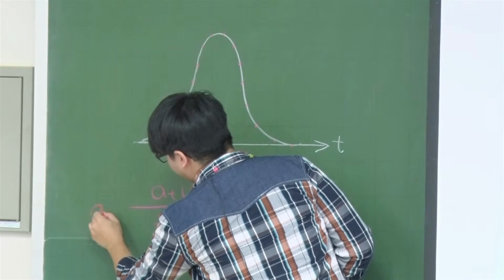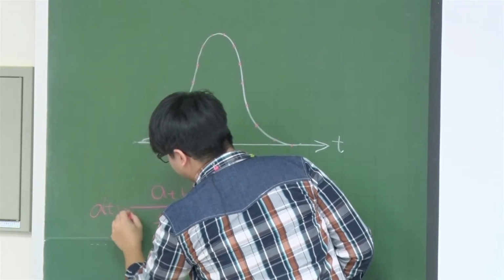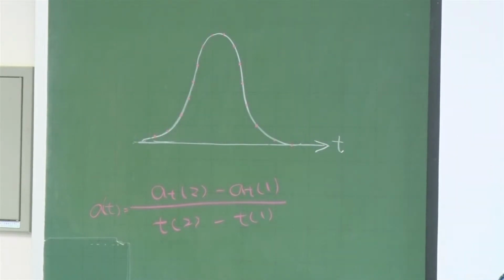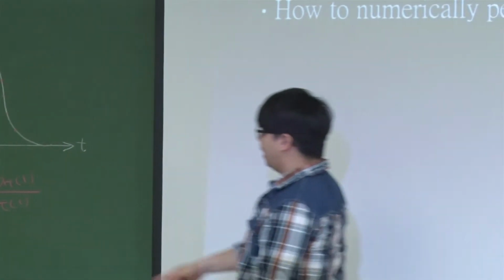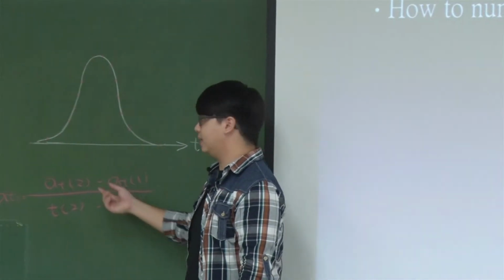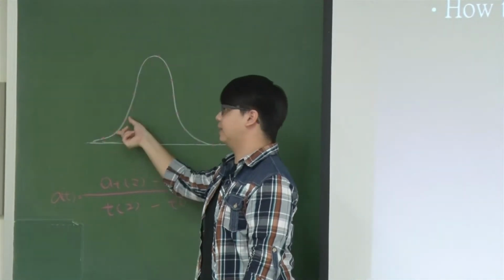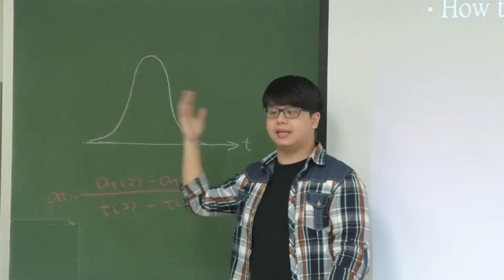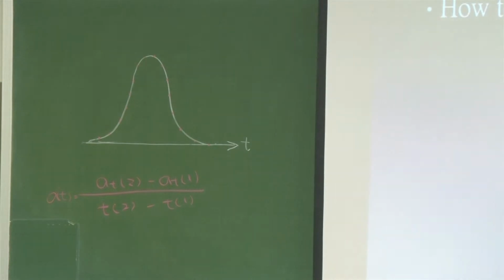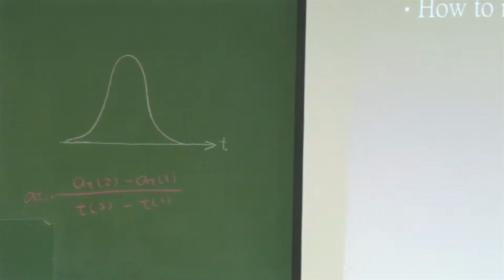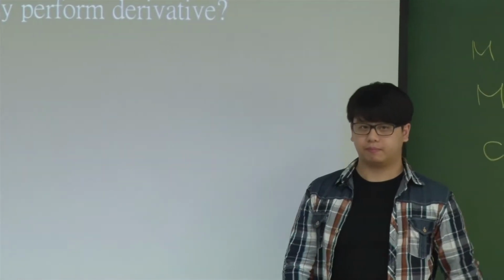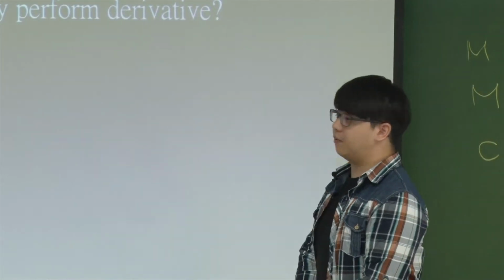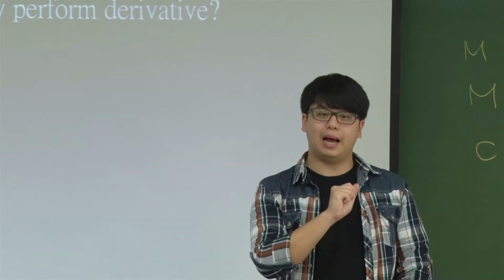This is A prime of T. Is that right? Close, but not quite. Because you don't just take AT2 minus AT1, you have to do this successively. You calculate the y difference between each pair of points and the x difference, and divide the two, right? In Matlab, there is a function called difference, D-I-F-F.